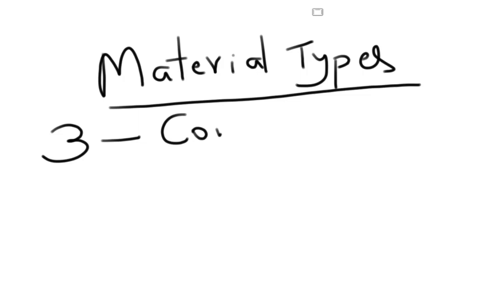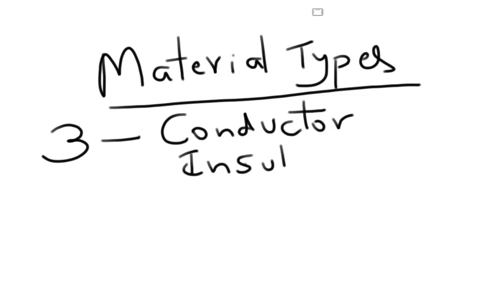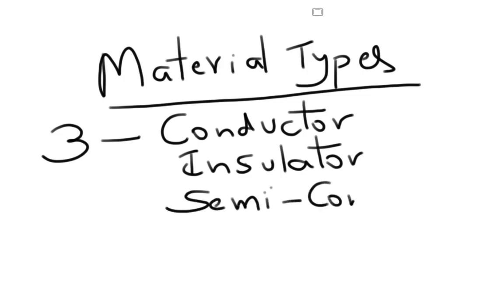Consider three different material types: conductor, insulator, and semiconductor. All these materials are basically larger systems formed by the building blocks which are atoms. Example, a conductor like copper is formed from copper atoms.